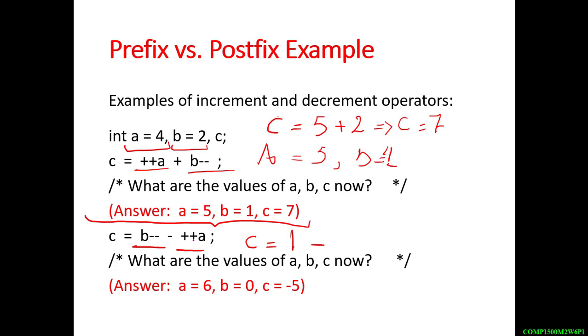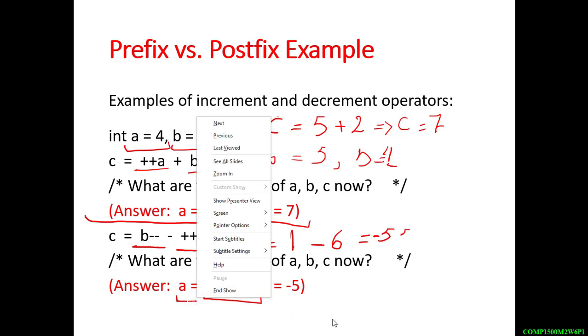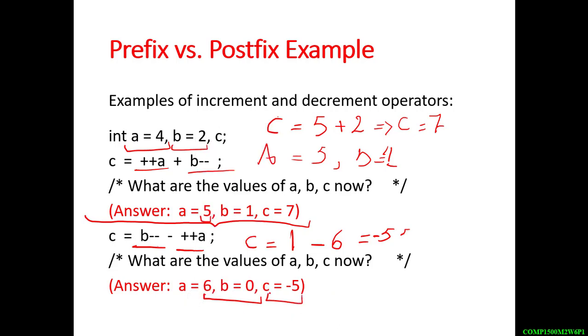So a will equal to 5, ++a, which is equal to 6. So this will give us a minus 5. Now, after that, the value of b will equal to 0. The value of a will equal to 6, and the value of c will equal to minus 5.